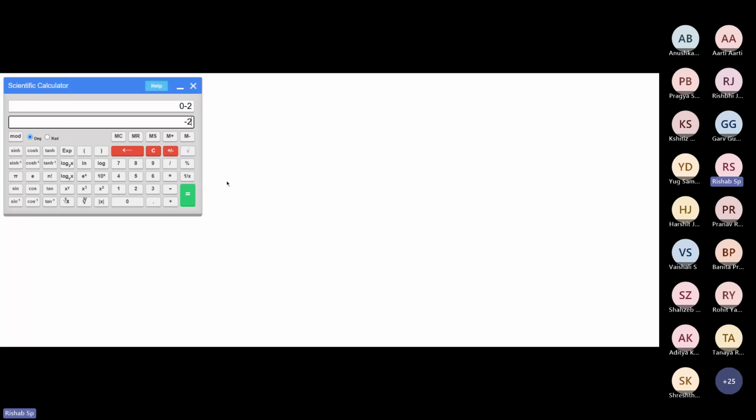For this, we'll use e raised to x. Once again, e raised to x. We'll click on this now. Yes, I got the exponential of negative linear regression value. The value is 0.135.